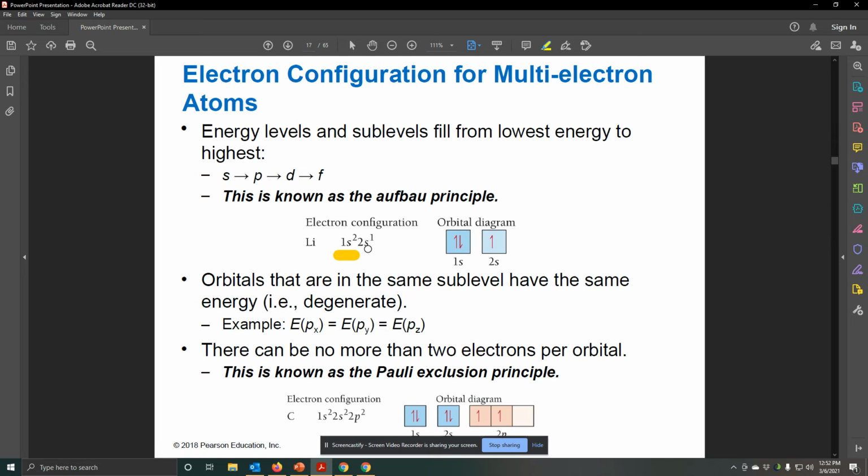Can I put 1 electron in an s subshell? I sure can. So the electron configuration for lithium will be 1s2, 2s1. The 1 is the first shell, the s subshell, with 2 electrons in it. Second shell, s subshell, 1 electron in it. And I can also show this as an orbital diagram.